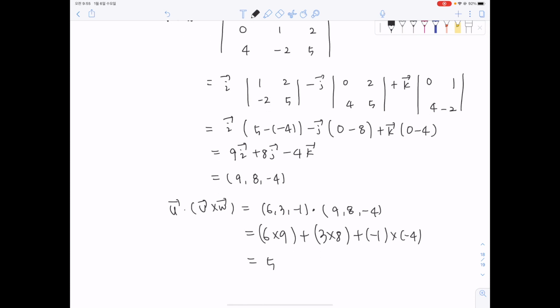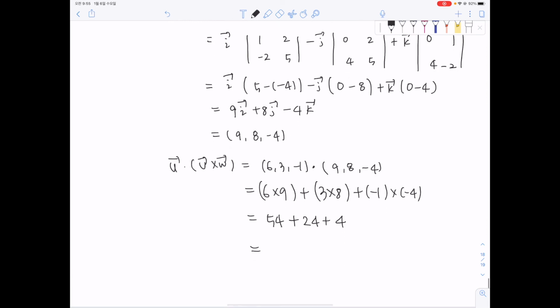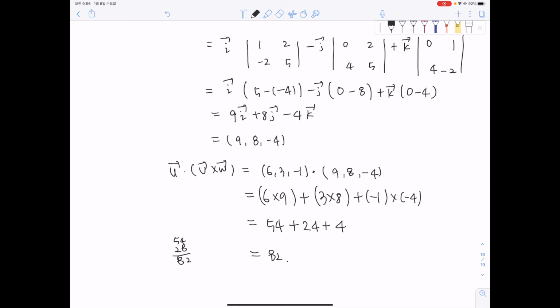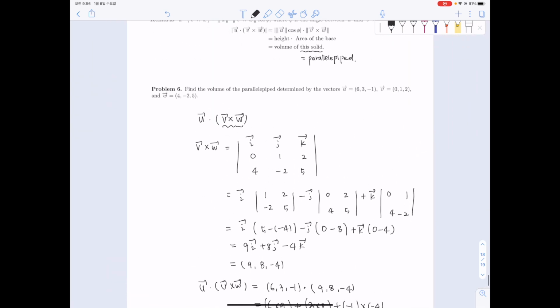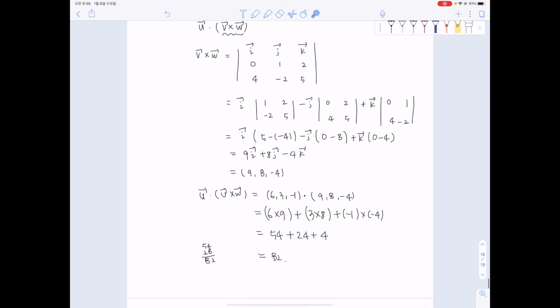So it is 54 plus 24 plus 4. So just a minute. 82. Okay? Cool. So the volume of the solid is 82.